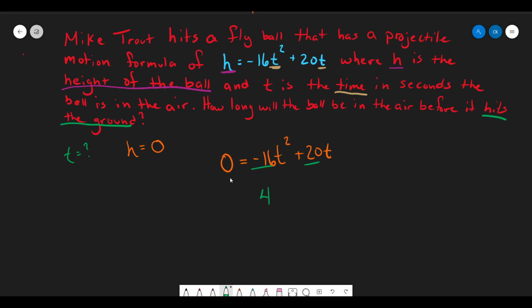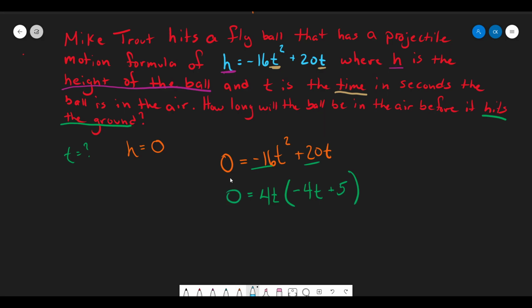Then we look at the variables, t squared and t. I would factor out a t because it has the smaller exponent. Negative 16t squared divided by 4t is negative 4t. And then 20t divided by 4t is plus 5. And obviously I can't forget the equals 0.